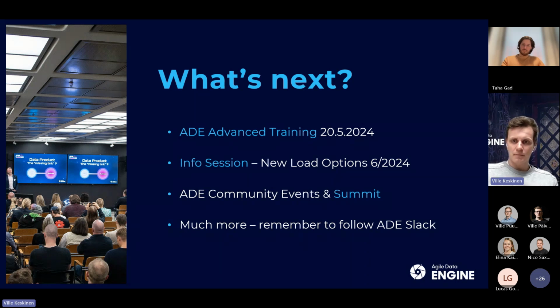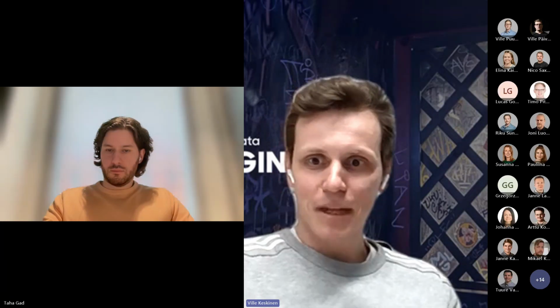Then in June we have the next info session about our new load options held by Greg Colley. Then there are community events to wait for, and the ADE Summit is coming again, I think next October or November. These are important things to have in mind when checking your calendar.